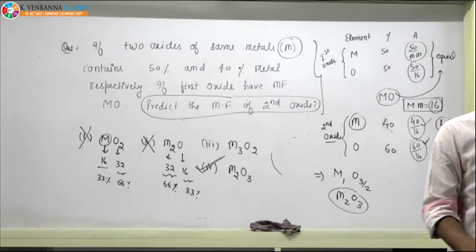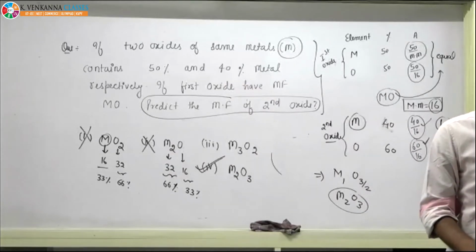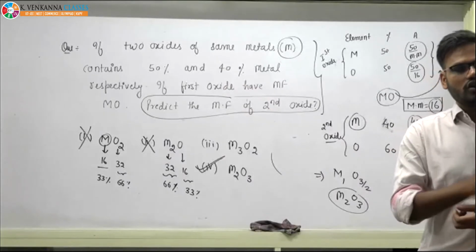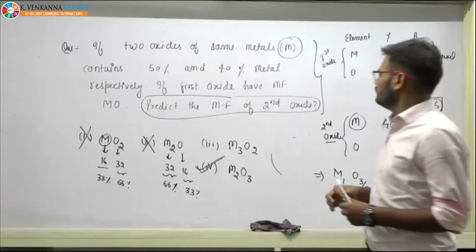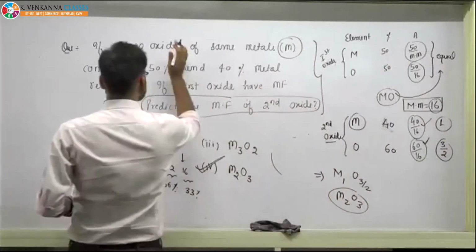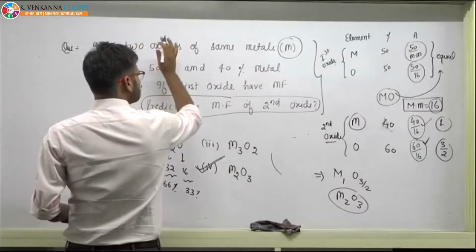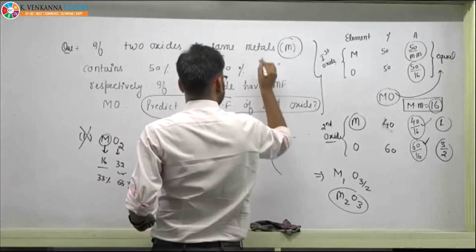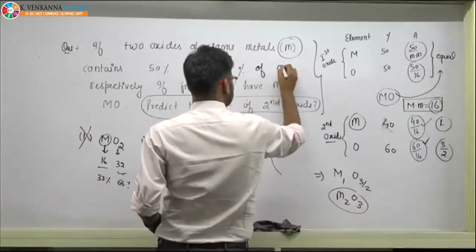Just write it down, and after going home or after the class, try to solve this. I will be writing another problem. It contains percentage of oxide. Now I have changed this oxide.